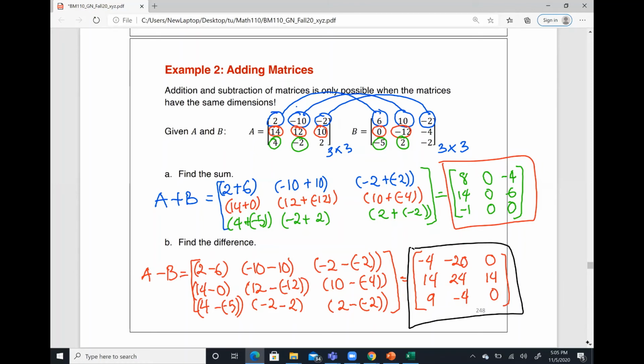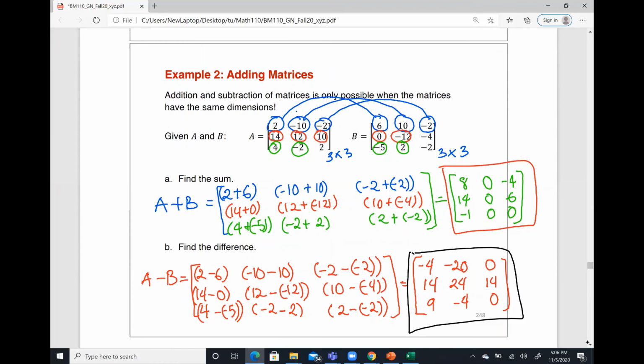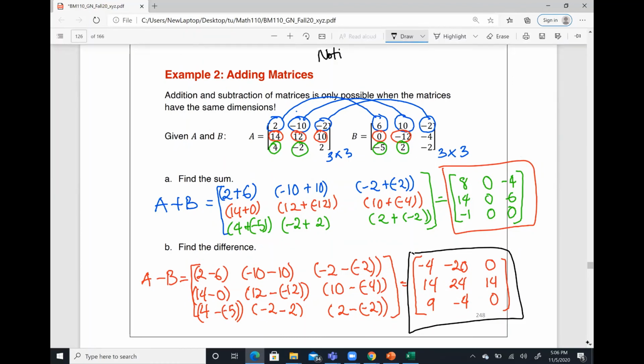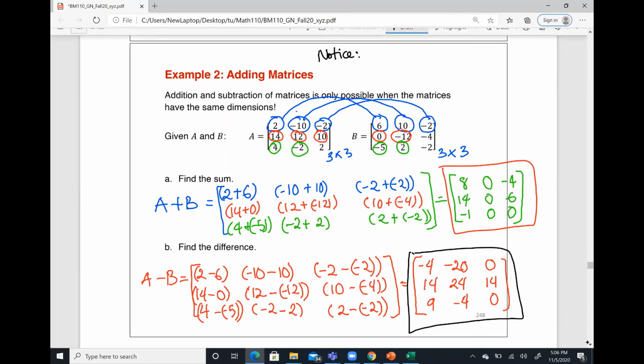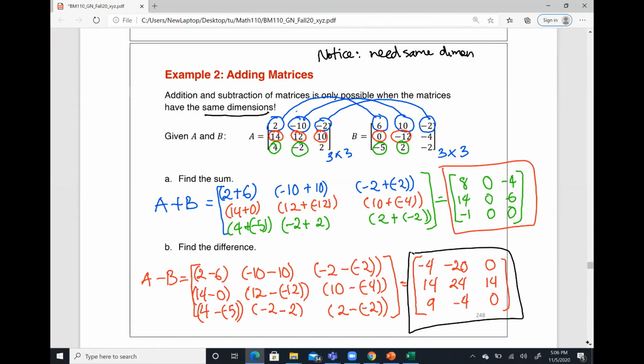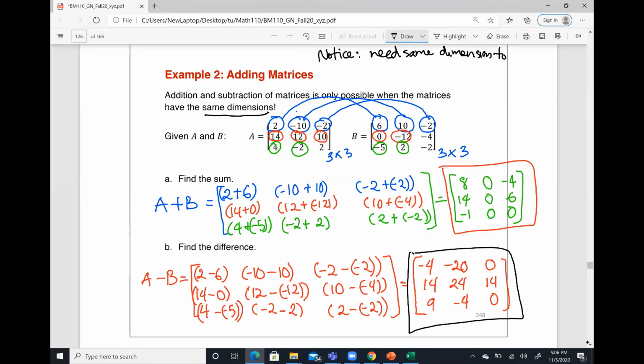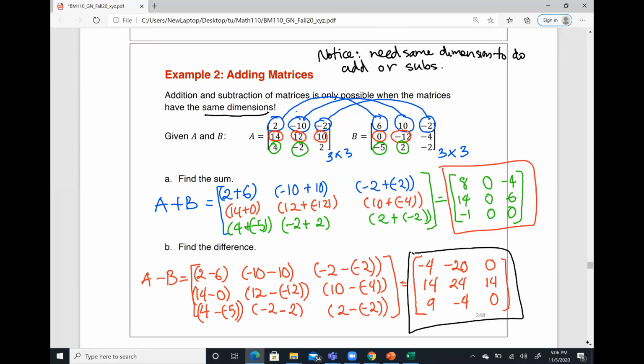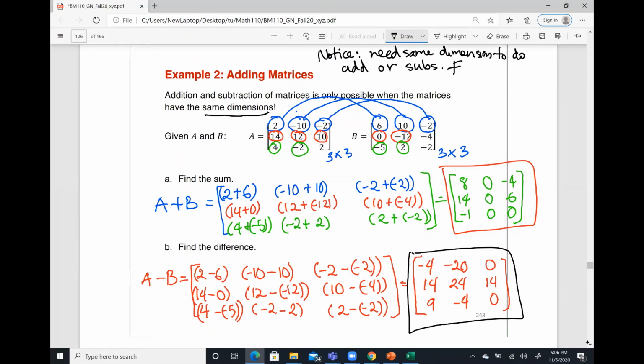So notice that we need the same dimension to do addition or subtraction for matrices.